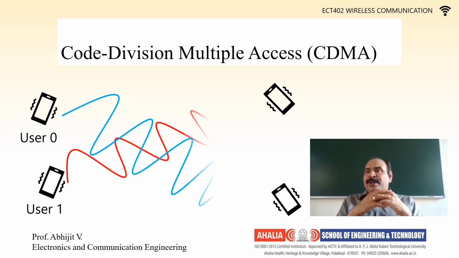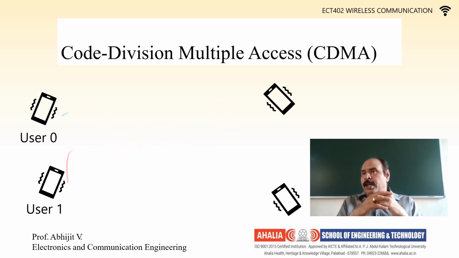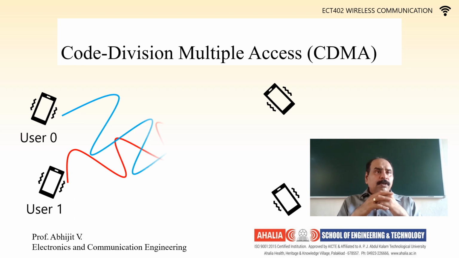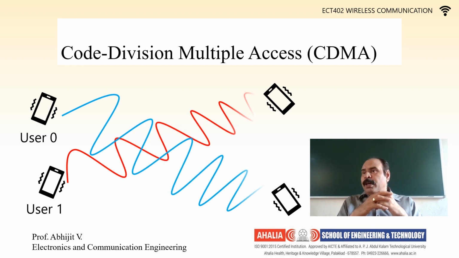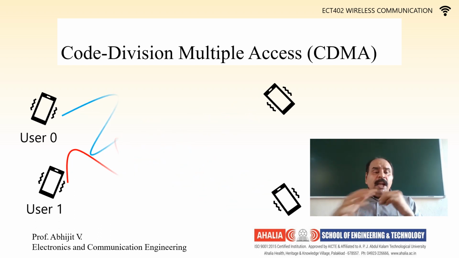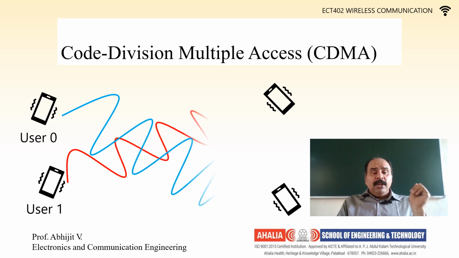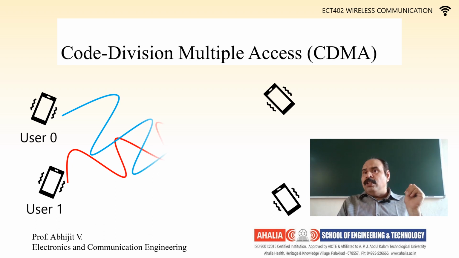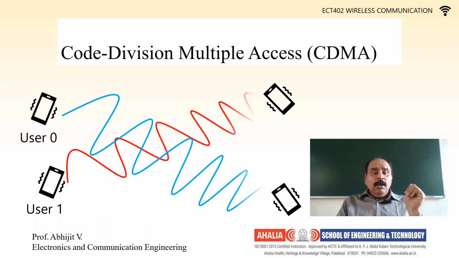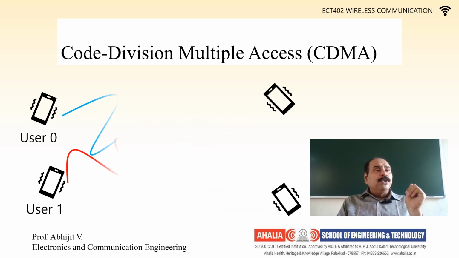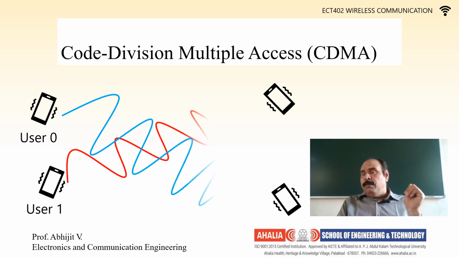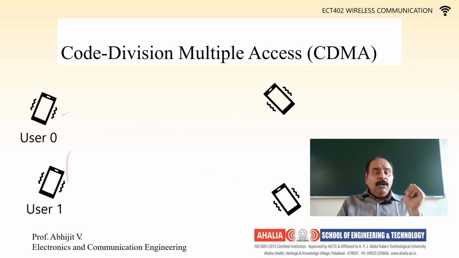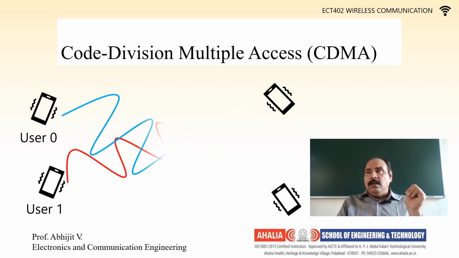Now I'm going to explain in detail how code division multiple access is going to work. Let us imagine that we have two users. One user is called user 0 and the other one is called user 1. All throughout I'll be using blue for user 0 and red for user 1.